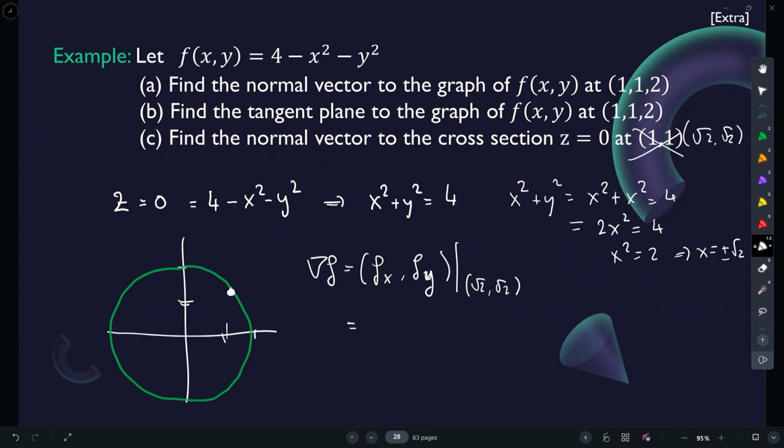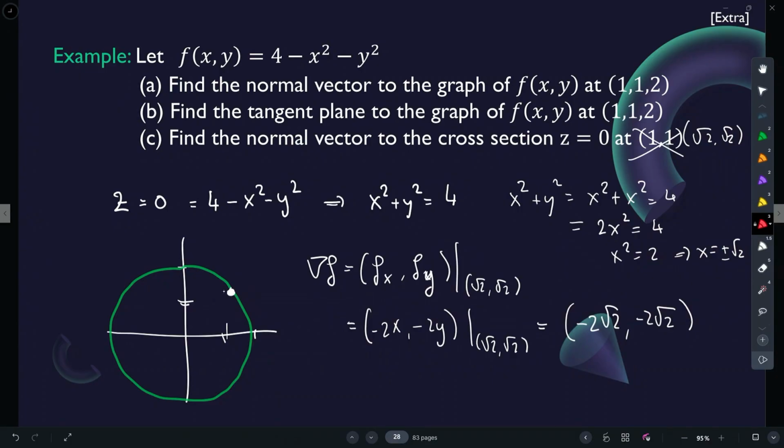And that will be the first derivative of f here, (-2x, -2y), evaluated at (√2, √2), and that is (-2√2, -2√2), which is a vector that is parallel to the diagonal, so it's some vector in that direction.